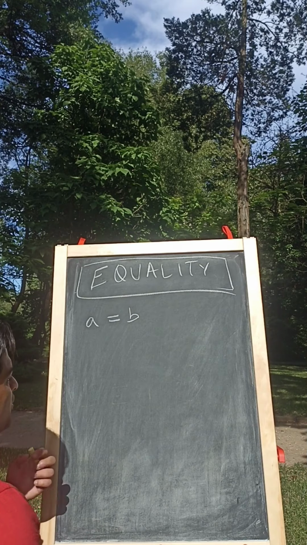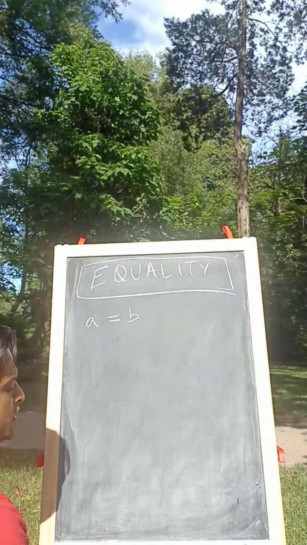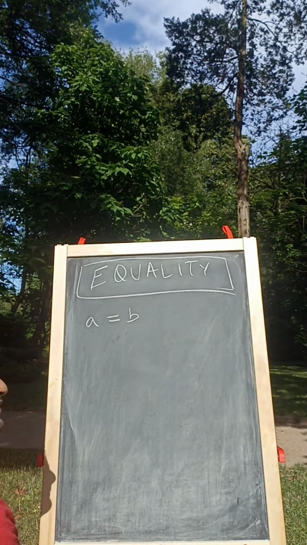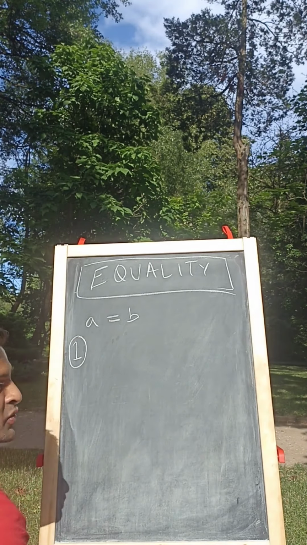Now, what do we actually mean when we say that two things are equal? Well, one thing is fairly obvious: something must be equal to itself.